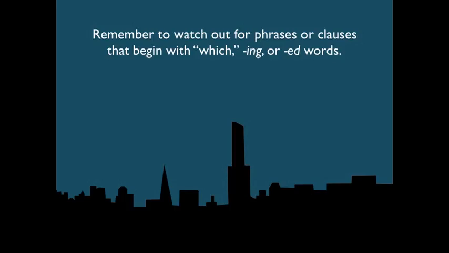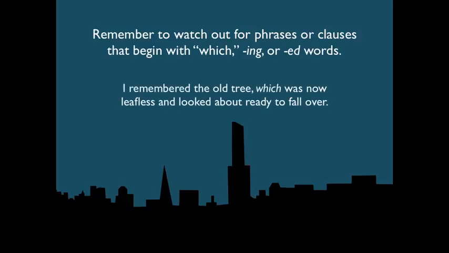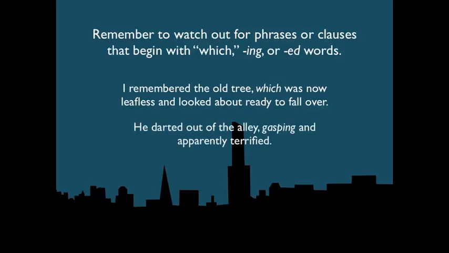The big things to watch out for when phrases or clauses appear at the end of foundational clauses, the ones that really let you know that you probably need a comma, are the words which and any ing or ed words. I remember the old tree, which was now leafless and looked about ready to fall over. He darted out of the alley, gasping and apparently terrified.